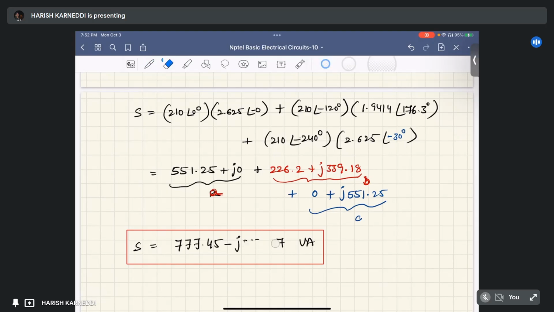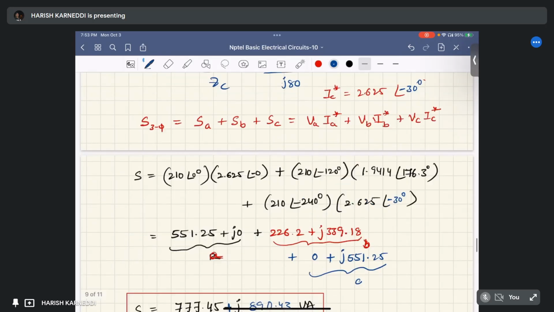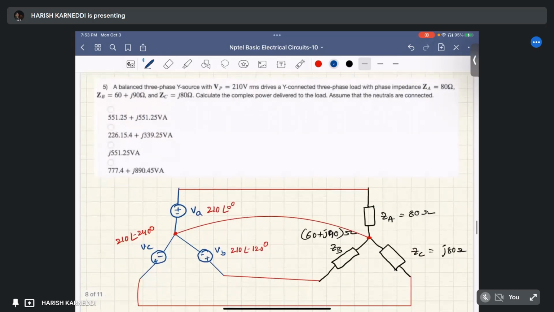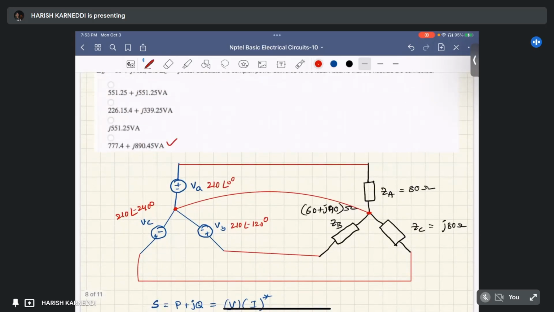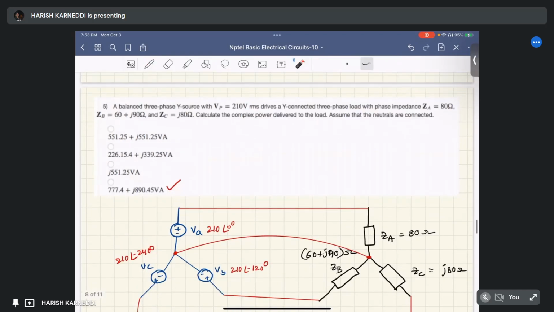So this value will vary, which equals 339.18 plus 551.25, which is 890.43, which is option D.